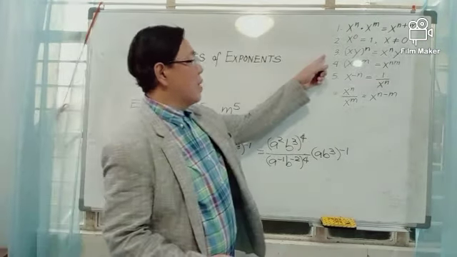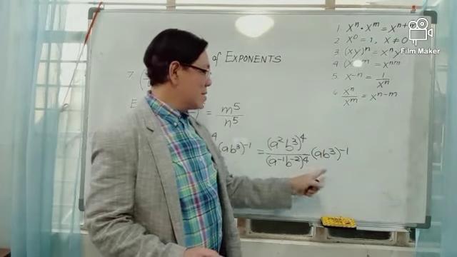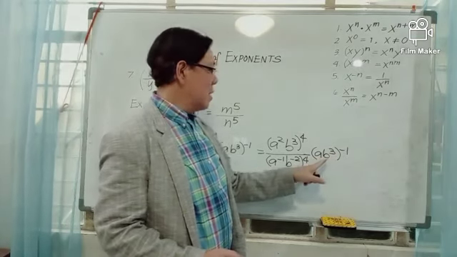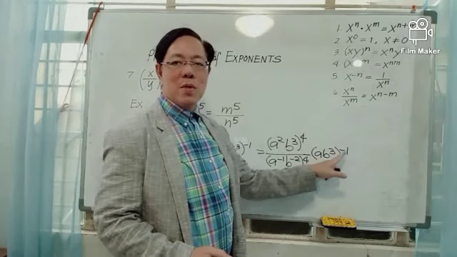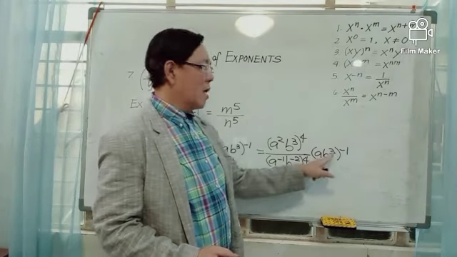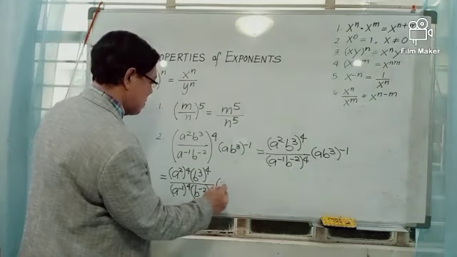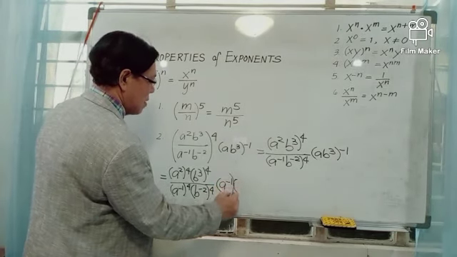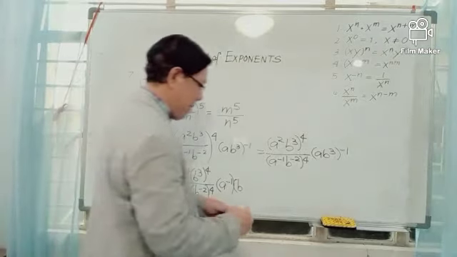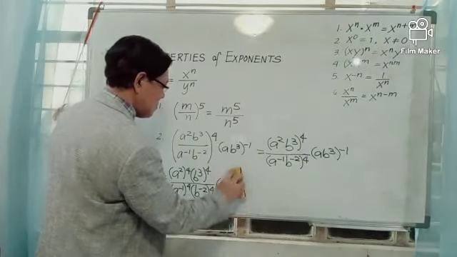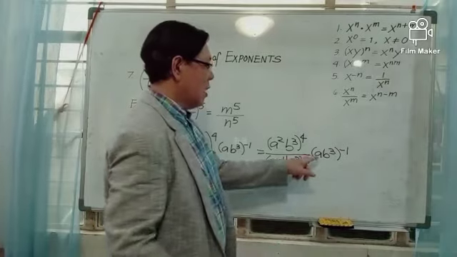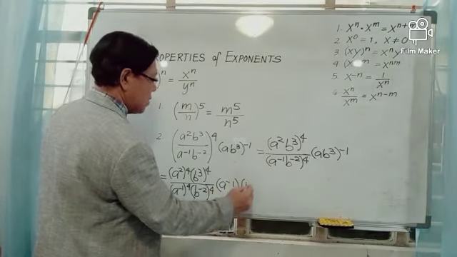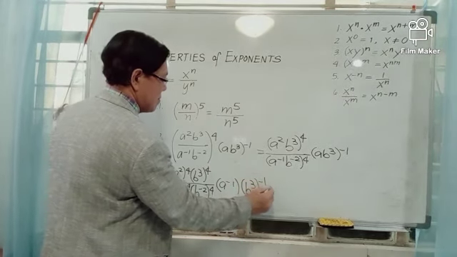And apply the same third property of exponent to simplify this factor: a raised to negative 1 multiplied by b cubed raised to negative 1.